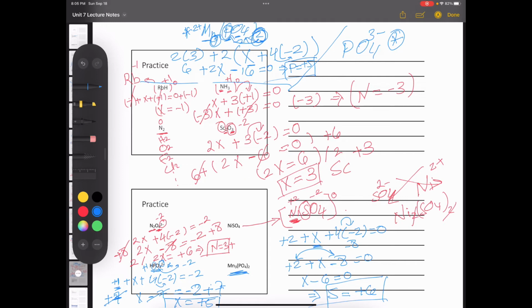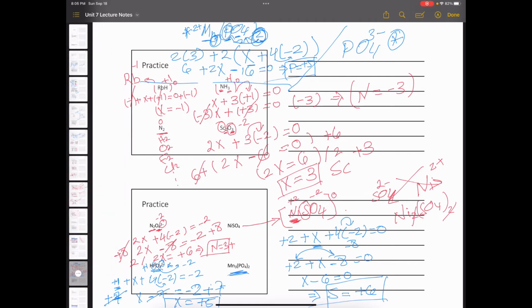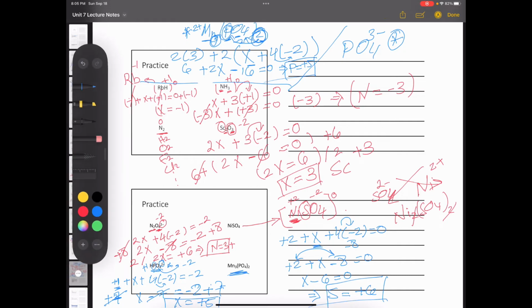The short way of doing this is that you can basically just work on the polyatomic ion, which is the phosphate right here. Okay? So what I'm going to do here, I'm going to just follow the total oxidation number for the phosphate. I'm going to calculate the oxidation number for the phosphorus. So phosphorus will be X plus 4 times -2.